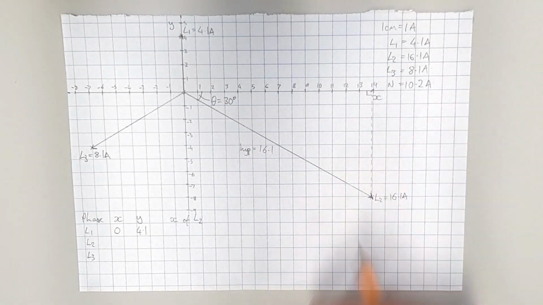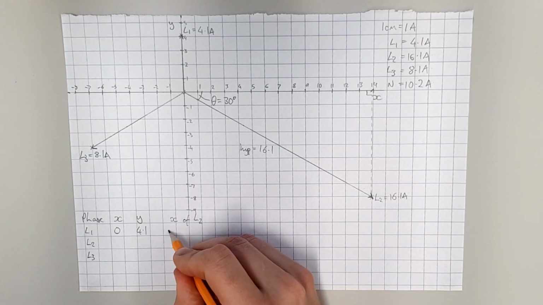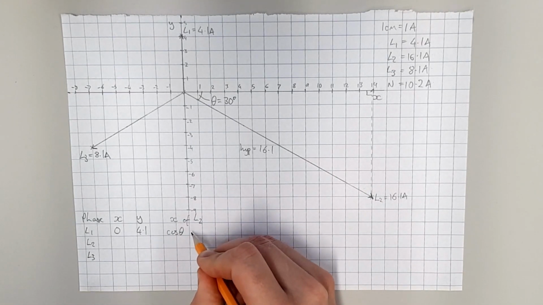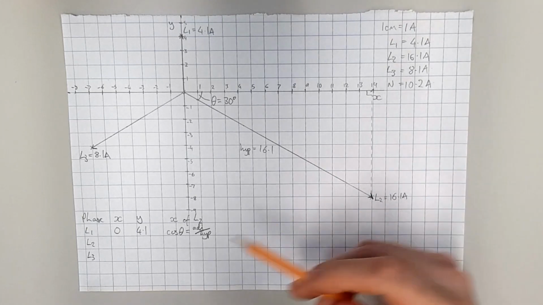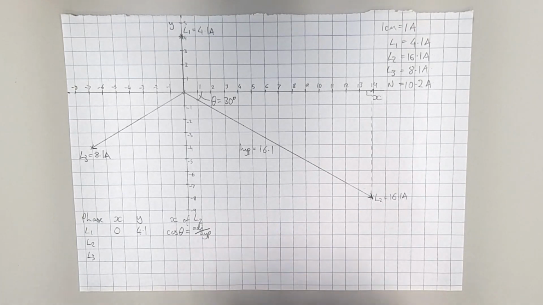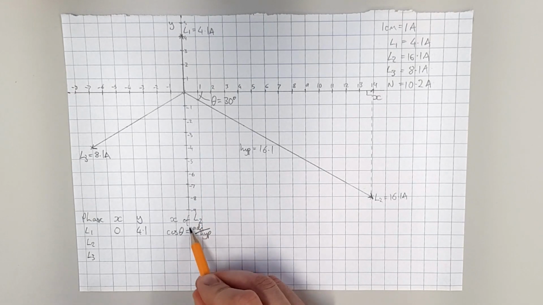From that previous video on the trigonometric identities, we know that the cosine of theta is equal to the adjacent divided by the hypotenuse. That is the way that we remember the relationships between the angles and sides of a triangle. What we need here, though, is not the cosine of theta, but the length of the adjacent.